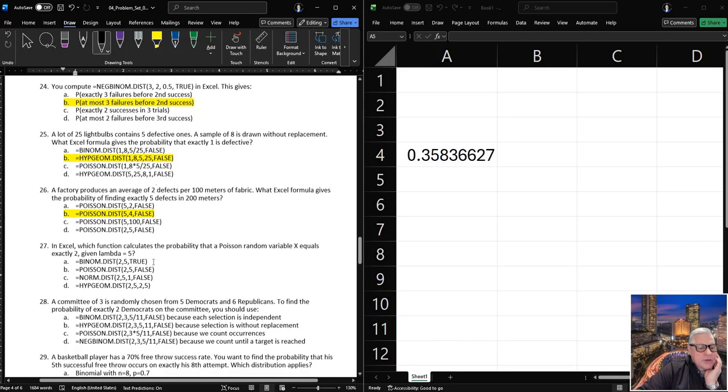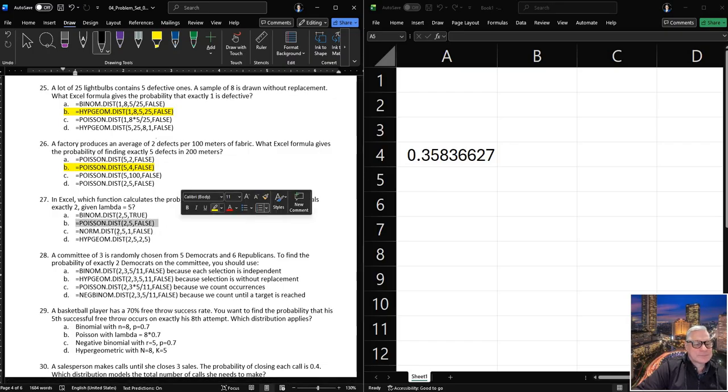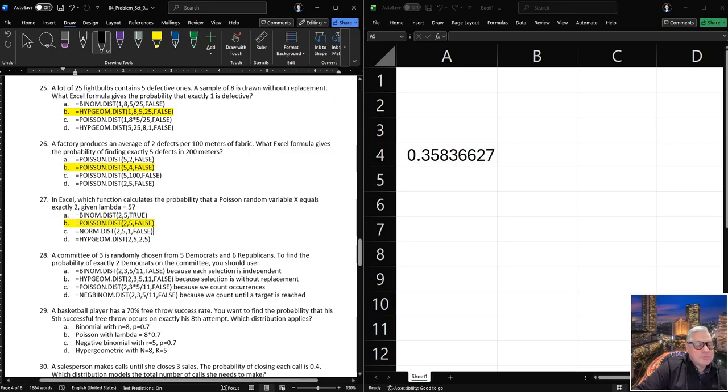Okay, in Excel, which function calculates the probability that the Poisson random variable x equals exactly 2 given lambda 5? Okay, that can only be B. So Poisson, exactly 2 successes, the mean is 5, and the false indicates not cumulative.